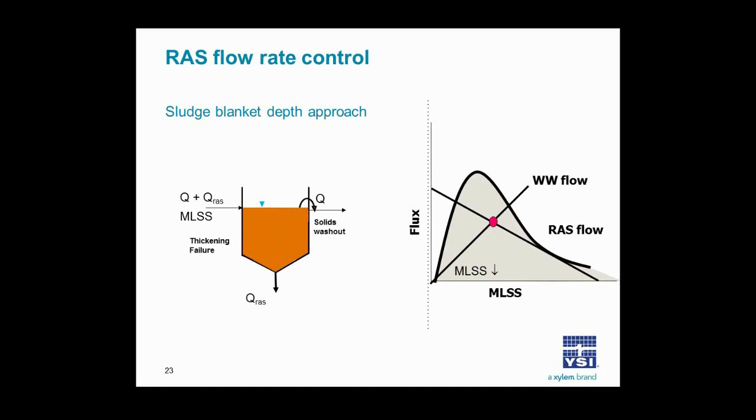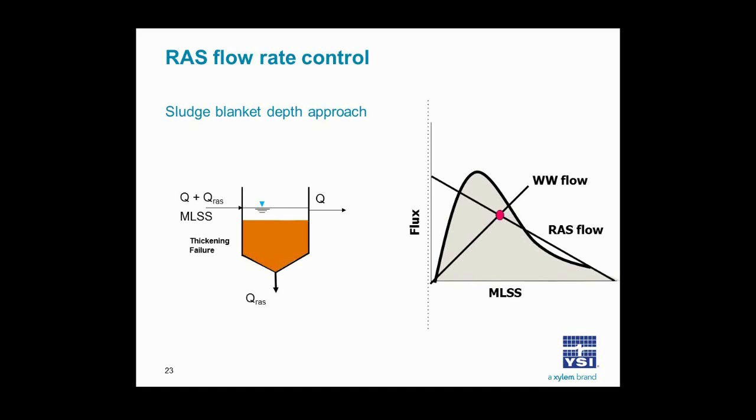In a worst case situation, that biomass would continue to accumulate and the sludge would overflow the weirs and you'd have solids washout. But even if that part is avoided, the drawback to allowing that to happen is that the mixed liquor suspended solids concentration is reduced.